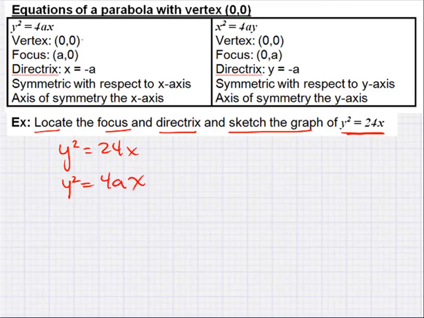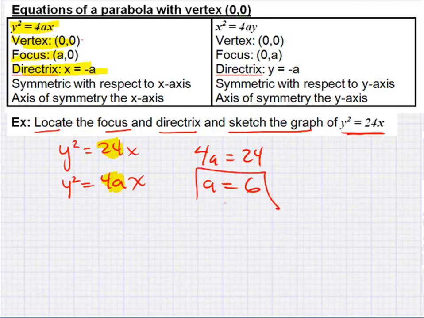Only one of the variables is squared. In this case, the y is squared. So really what we have is this parabola. So the vertex, the focus, the directrix can all be found. But we really need to figure out what a is. Well, this coefficient in front of the x to the first power is 4a. So if 4a equals 24, then we have that a equals 6.